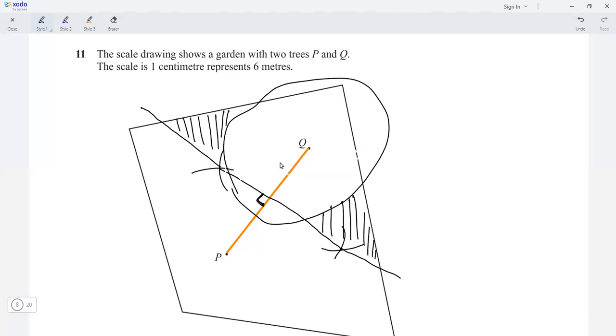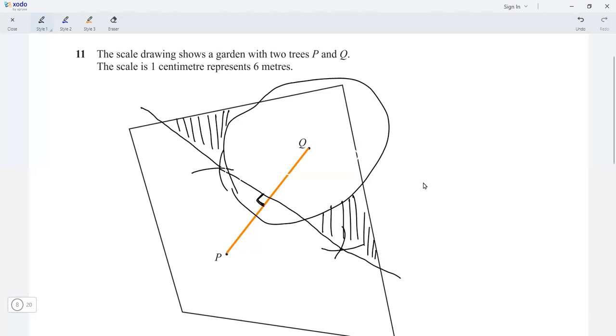More than 18 meters means outside that circle's area, and closer to Q means the region above this line and closer to Q must be shaded.